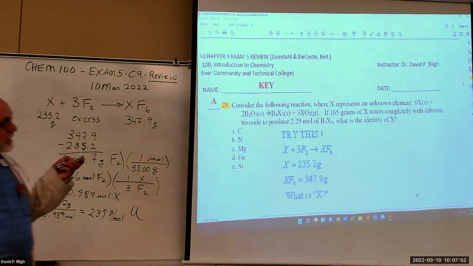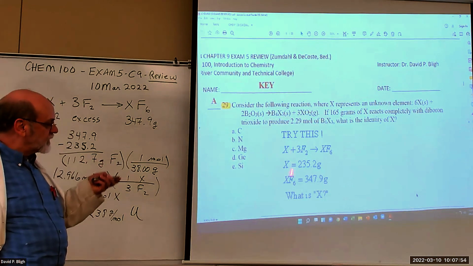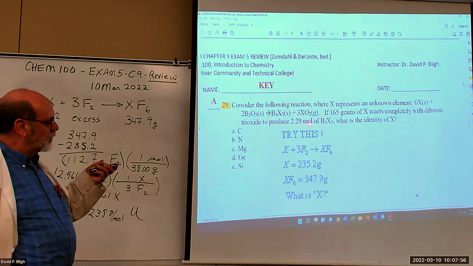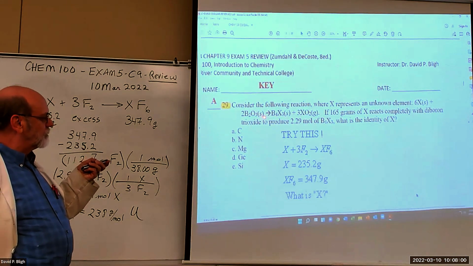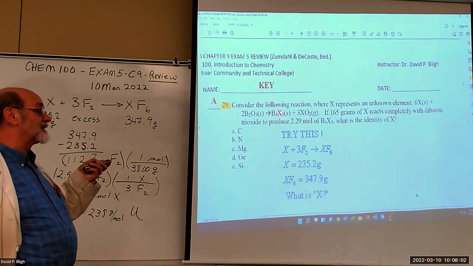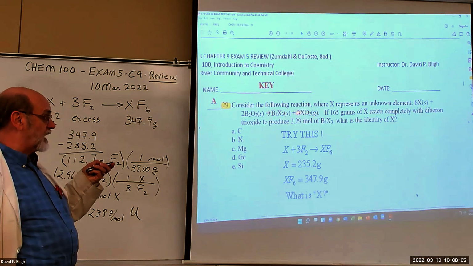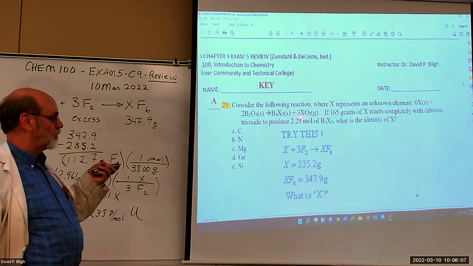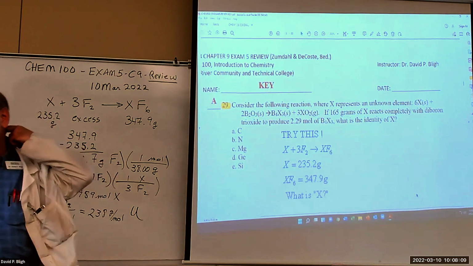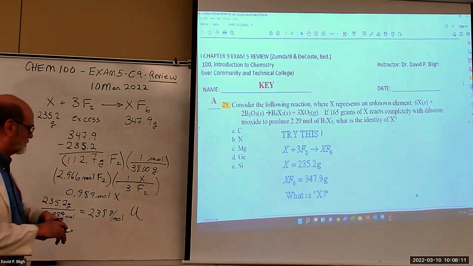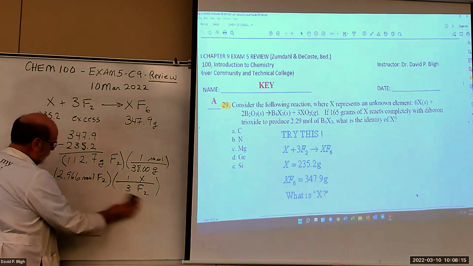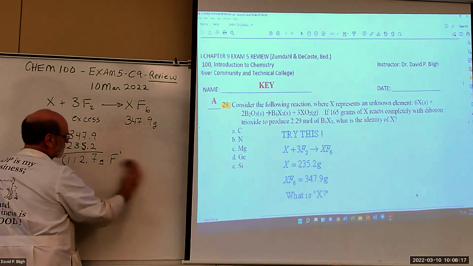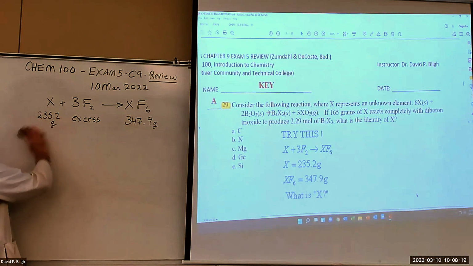If we had this problem set up the same way as that one, then instead of moles of B4X3, we would have had to been given mass of this one and mass of that one, and then work backwards to this one. So it would have been a steeper climb. But I just wanted to show you that there's more than one way to skin a raccoon.